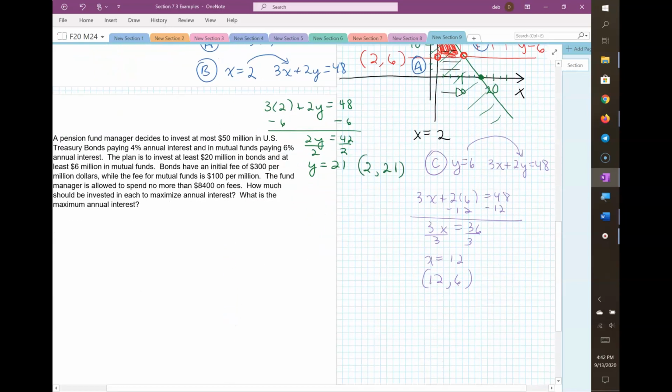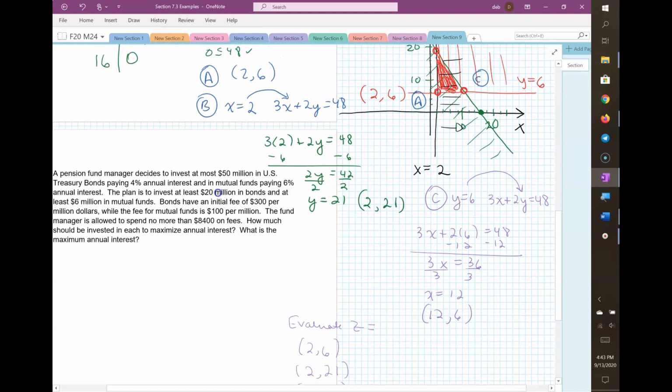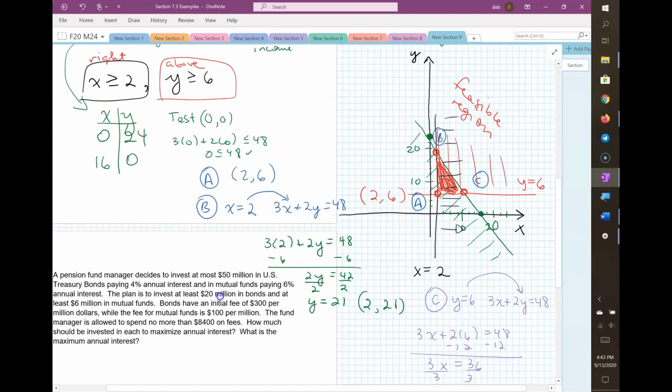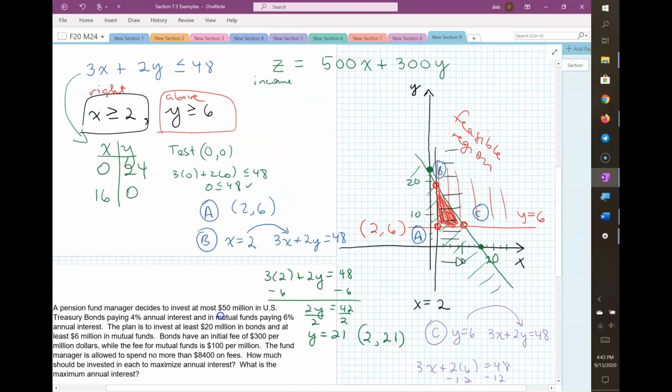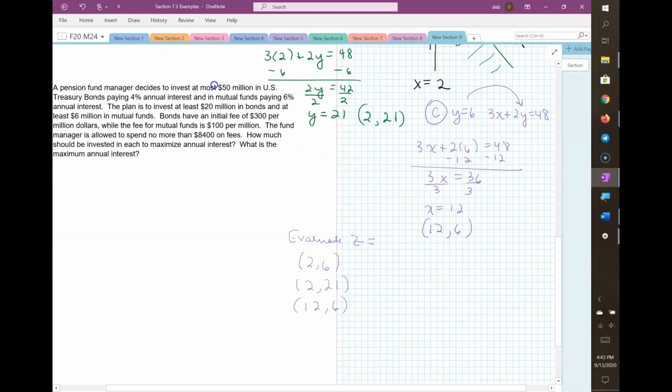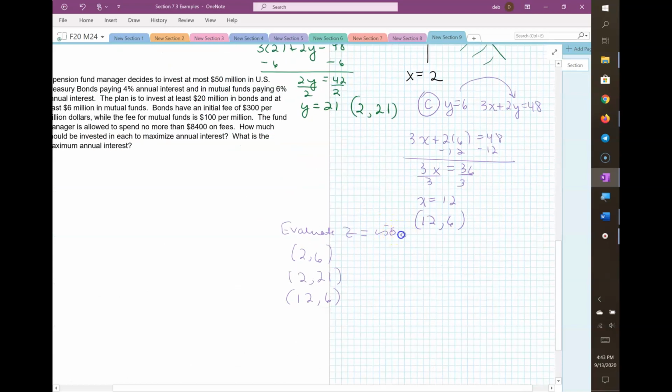Okay, so here's our three corner points: 2, 6, 2, 21, and 12, 6. So then we need to evaluate z, which equals, come up here and see, 500x plus 300y.